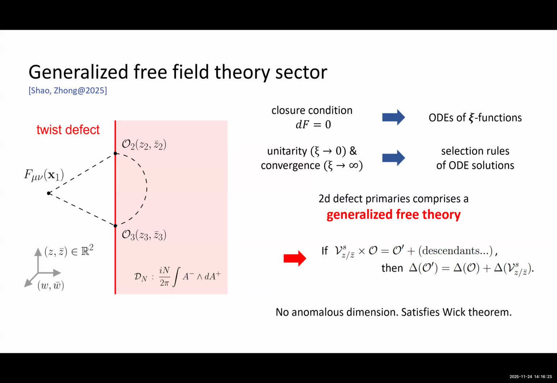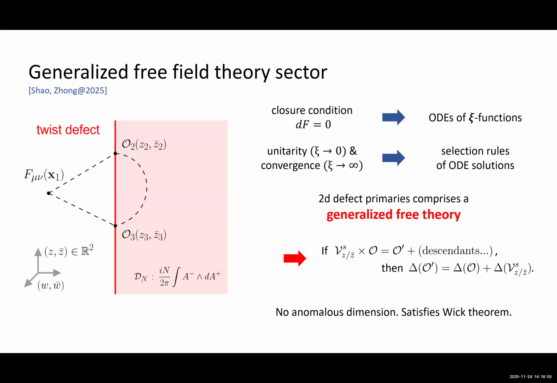And this condition indicates that the defect primaries are generating a generalized free series vector of the defect, in the sense that whenever you fuse the chiral defect vector primaries with an arbitrary defect operator, on the right-hand side of your OPE equation the primary dimension has to satisfy that there exists no anomalous dimension.